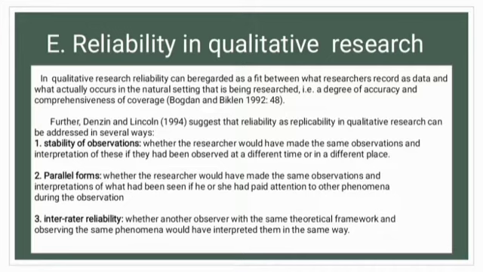Whether the researcher would have made the same observation and interpretation of what had been seen if he or she had paid attention to other phenomena during the observation. Third, inter-rater reliability. Whether another observer with the same theoretical framework and observing the same phenomena would have interpreted them in the same way.